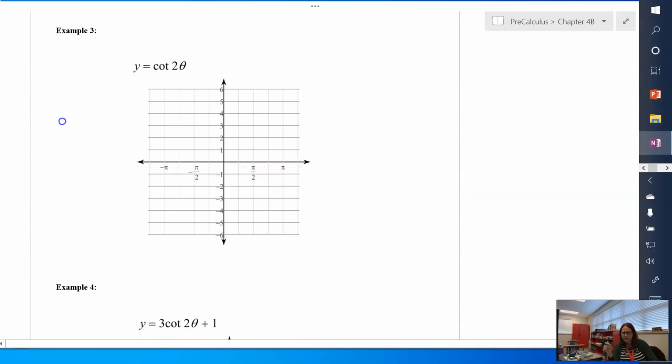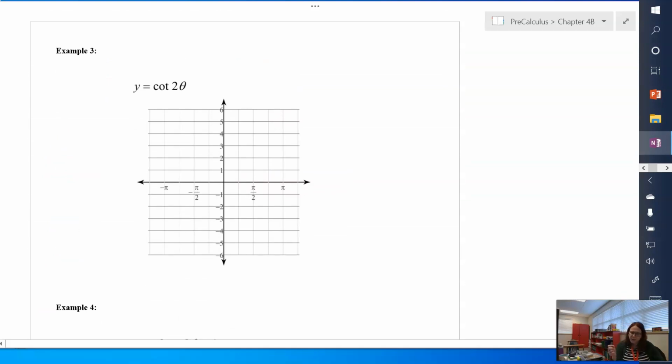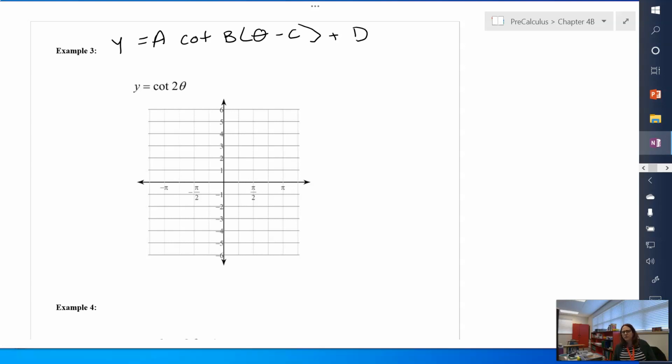All right, let's do the cotangent of 2 theta. And just like with tangent, cotangent, you can write as y equals a cotangent of b, theta minus c plus d. So we're going to find a, b, c, and d, and those are going to give us our transformations. This one, a equals 1, b equals 2, c equals 0, d equals 0.